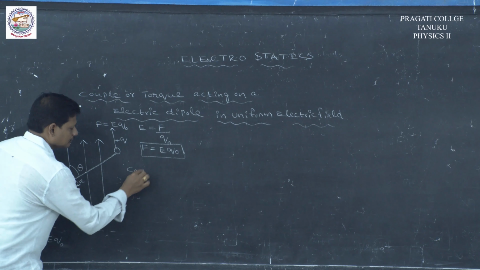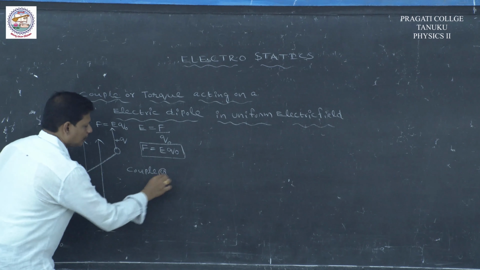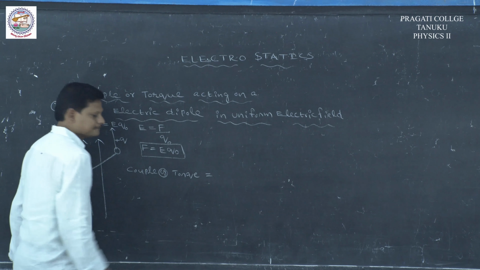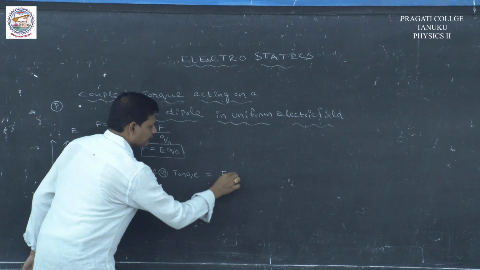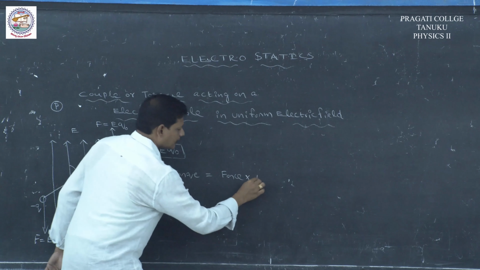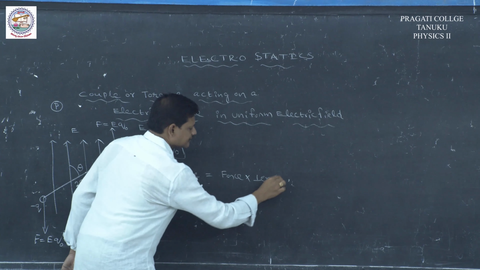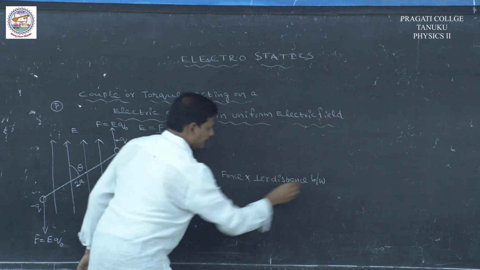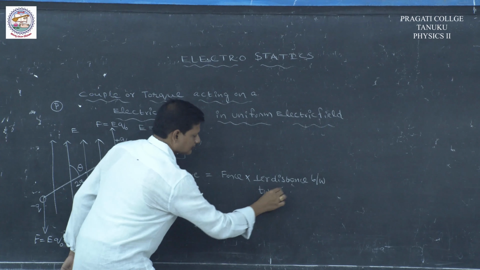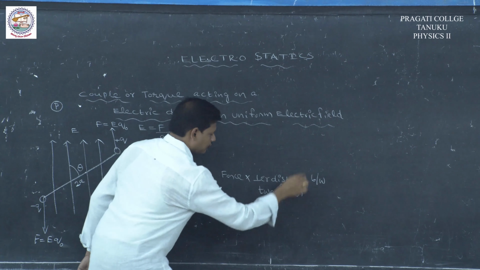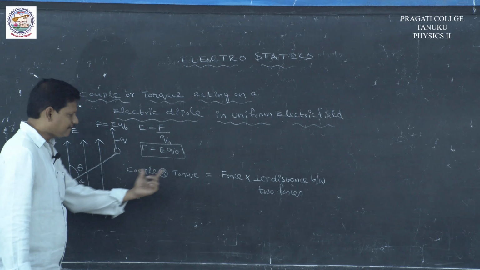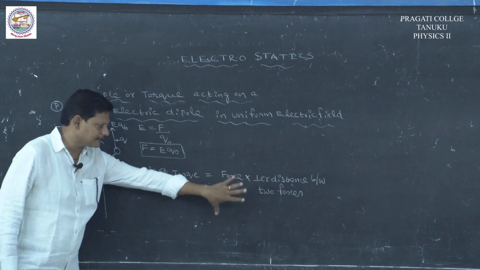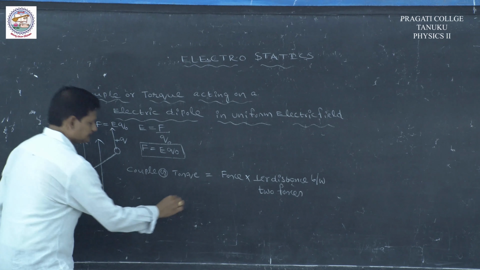We know couple or torque is equal to one of the forces into the perpendicular distance between the forces. Couple or torque is defined as the product of one of the forces and the perpendicular distance between the two forces.